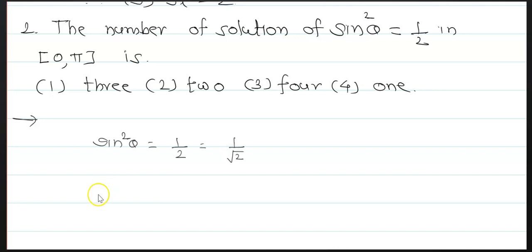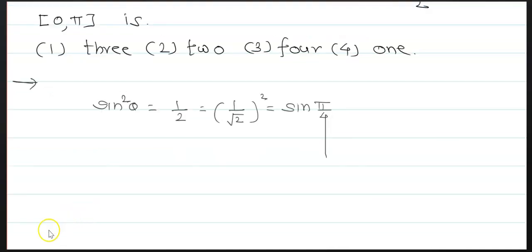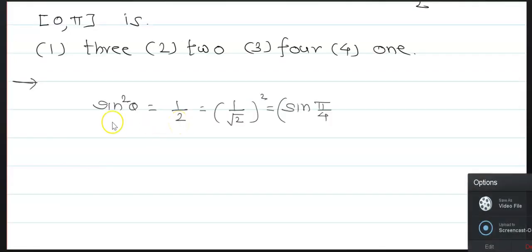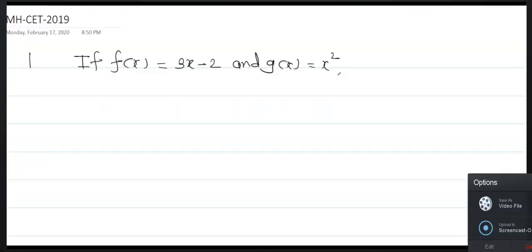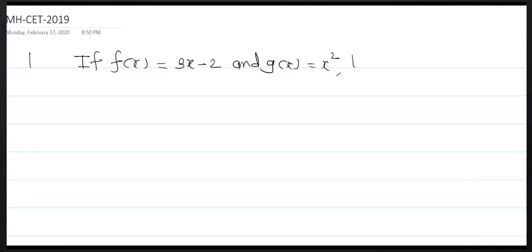Therefore, the solution is sine square theta is equal to 1 upon 2, that is 1 upon root 2 bracket square, and that is nothing but the sine of pi by 4. Now the function is f of x is equal to 3x square minus 2, g of x is equal to x square. Then find f o g of x.